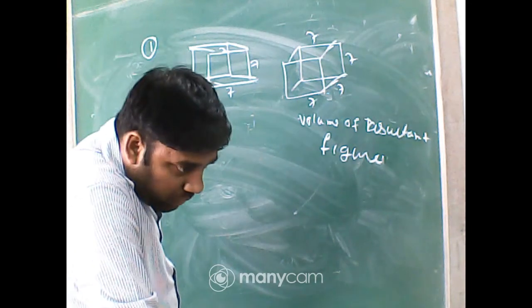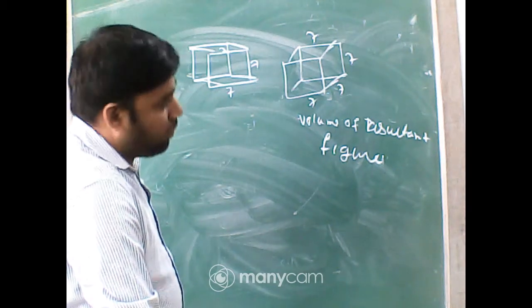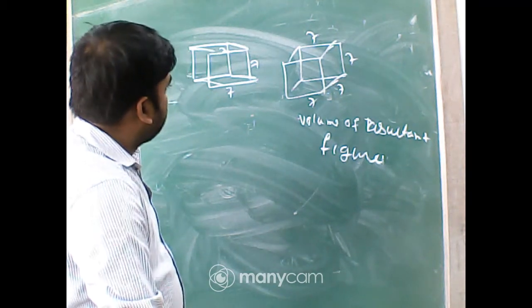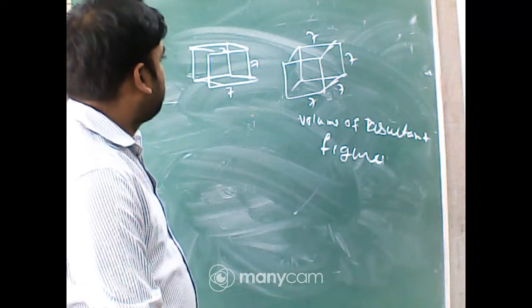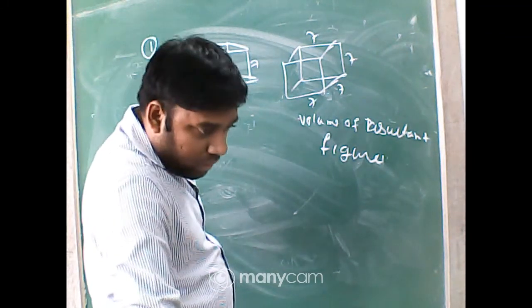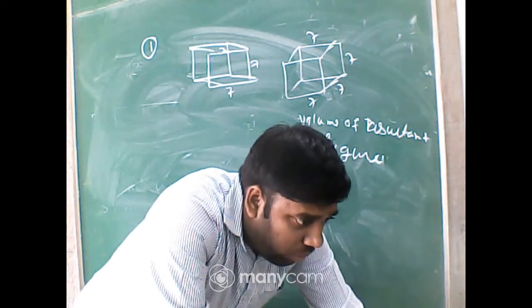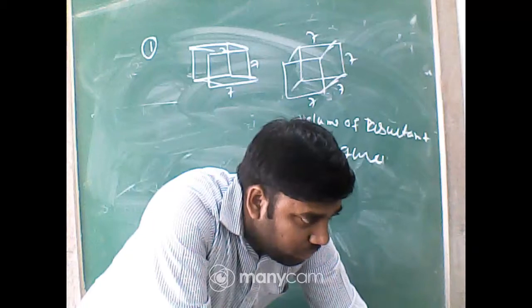686. Anyone else? Okay, both of you, Ronak and Amrita, 686 centimeter cube.